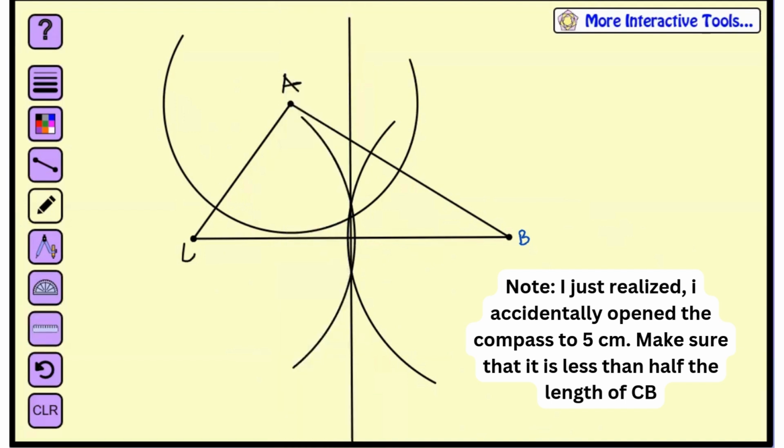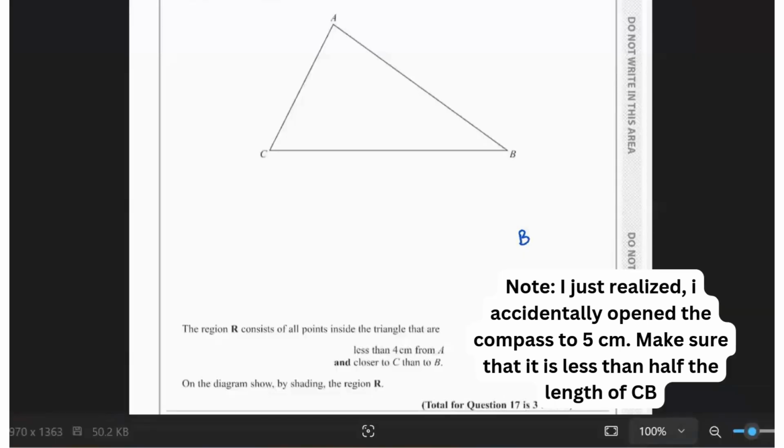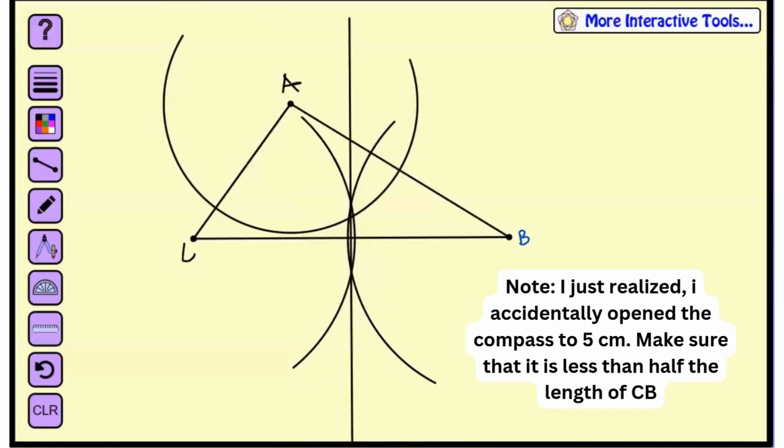Since the region R consists of all points inside the triangle that are less than 4 centimeters from A and closer to C than to B, it's going to be less than 4 centimeters away over here, and closer to C than to B, so if I shade the region, it's basically this region.